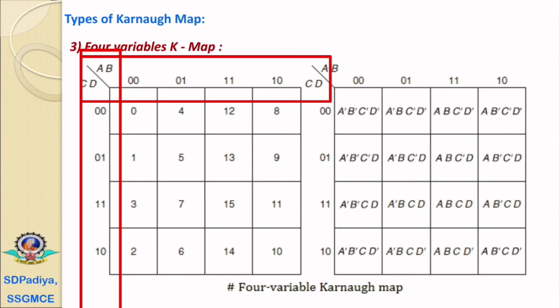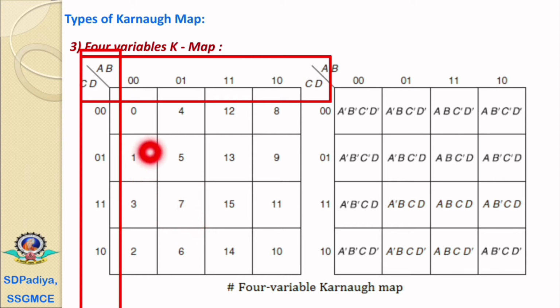So that if we find out the designation for every particular cell, then it will be 0 0 0 0, 0 0 0 1, 0 0 1 1 for the ABCD. It will be 0 0 1 0, 0 1 0 0, 0 1 0 1, 0 1 1 1, 0 1 1 0 and so on.